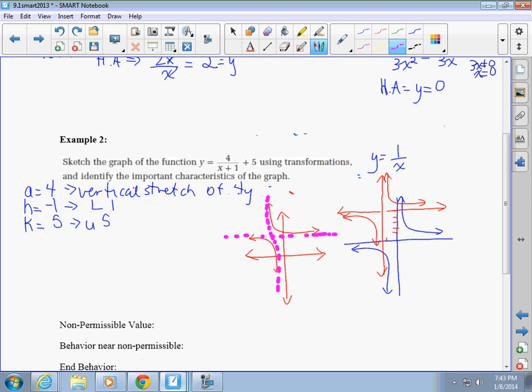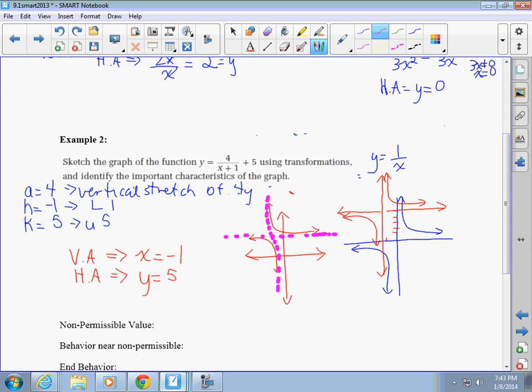So if I take a look at this, where are my asymptotes? My vertical asymptote here is at x is equal to -1. I'll do this in red because I'm looking at my red graph. So my vertical asymptote is at x is equal to -1. My horizontal asymptote going across this way is at y is equal to 5.